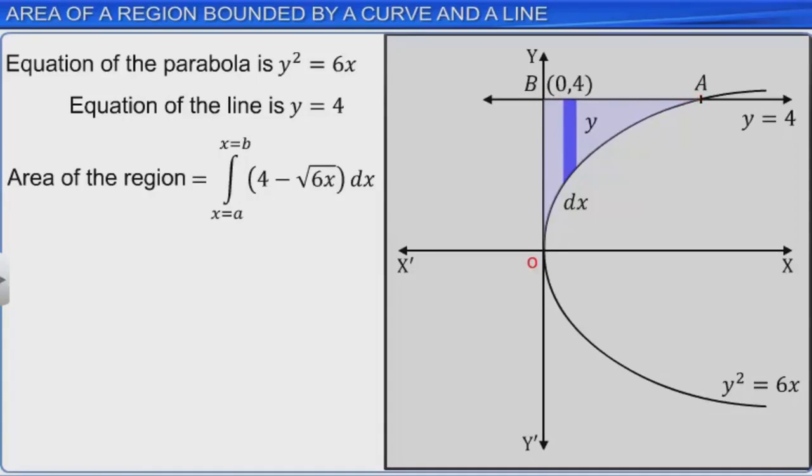Solving y² = 6x and y = 4 as shown, we get the point of intersection A as (8/3, 4). Hence the upper limit is 8/3.